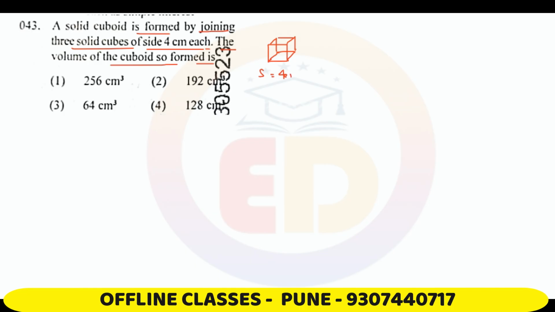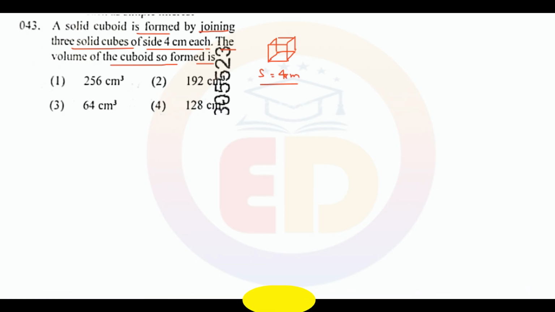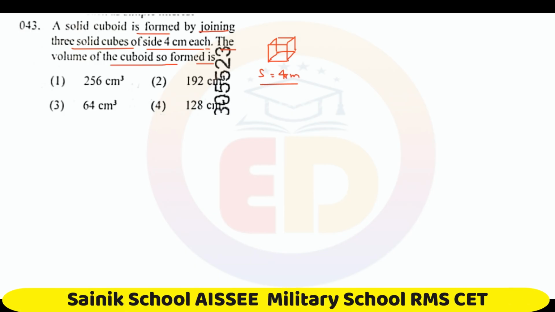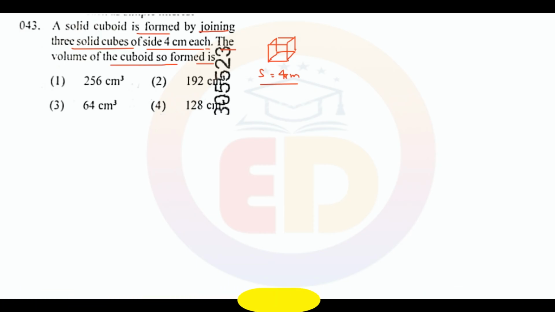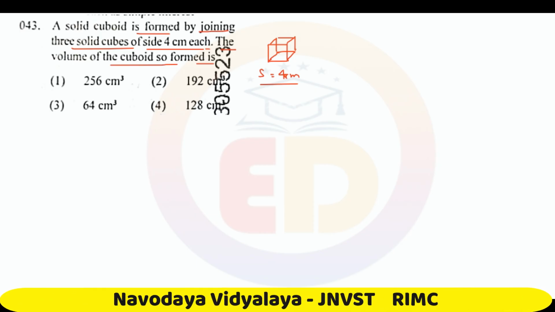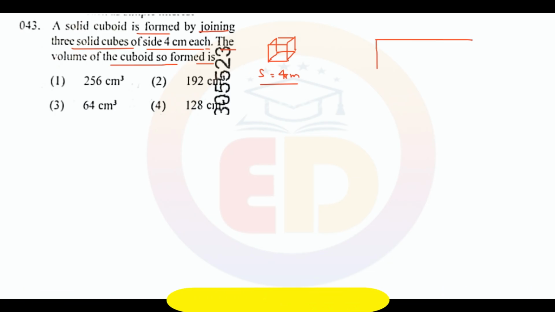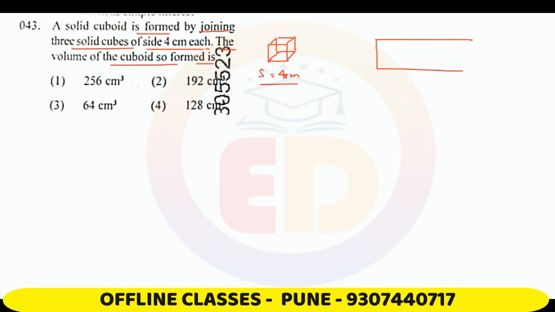Now we know that in a cube all the sides are the same. Now the question says that we have joined three such cubes. When you join three such cubes, the resulting figure will be like this.